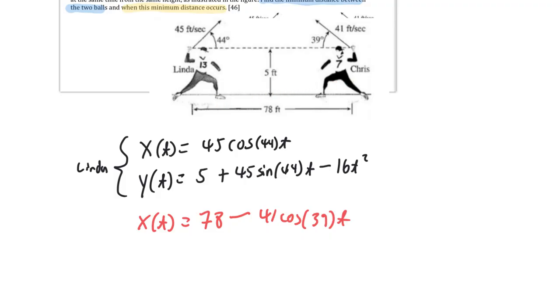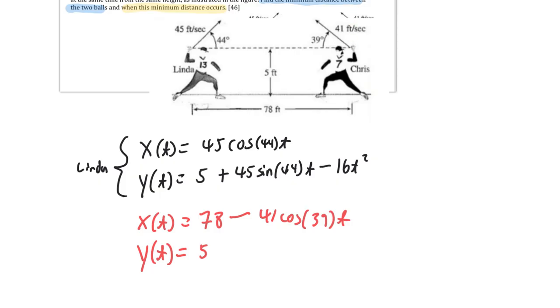Now, as it pertains to the y component, I think you understand the starting position as it pertains to y. The height is still 5, right? And it's going to be the same because the ball goes up and then it goes down. So it's still positively going up, but then gravity takes over and brings it down.